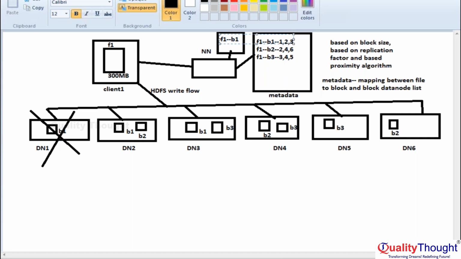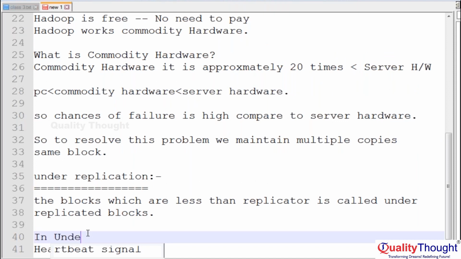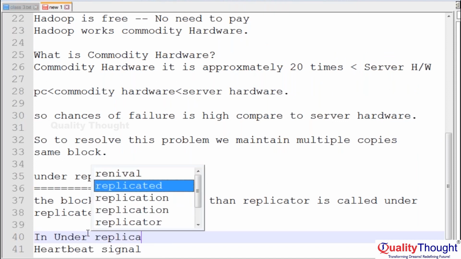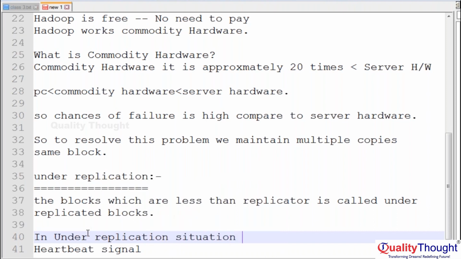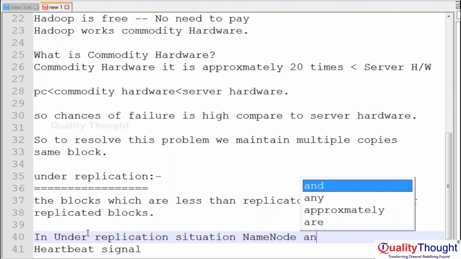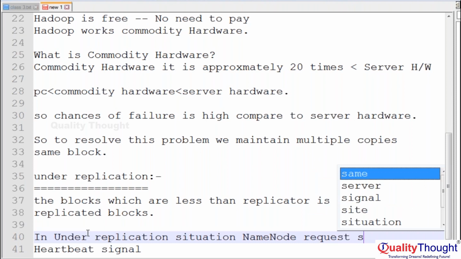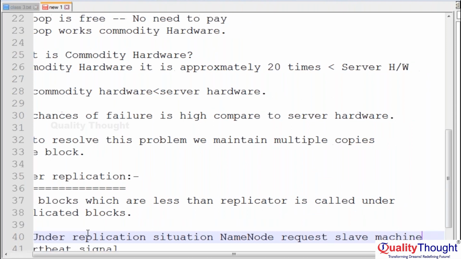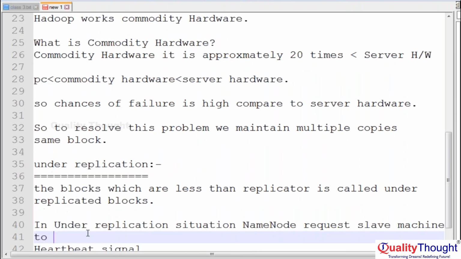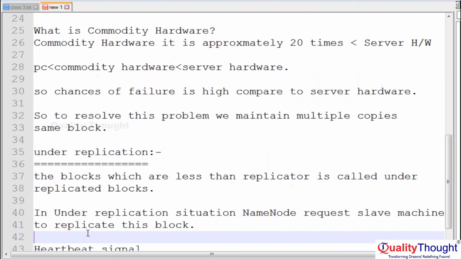In an under replication situation, the name node requests the slave machines to replicate this block.